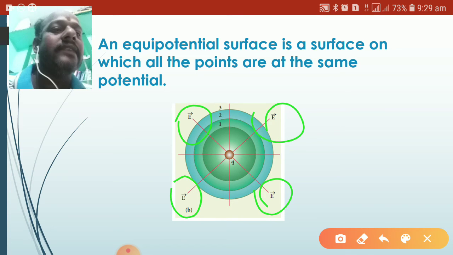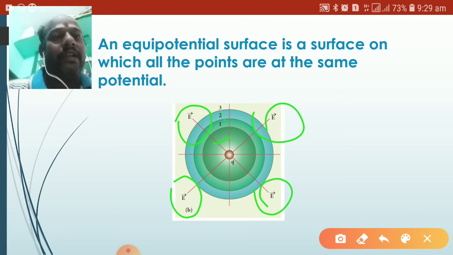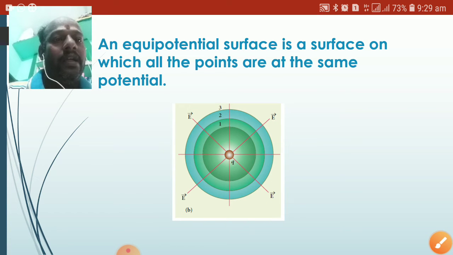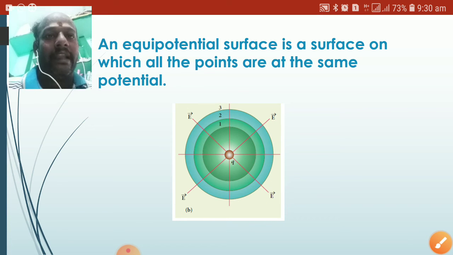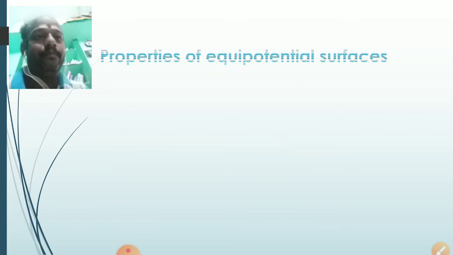Here it has 3 regions, 1, 2 and 3. Every point in region 1, colored in green, will have the same potential, and region 2, a little blue, will have the same potential, and likewise 3. So this is what an equipotential surface is.